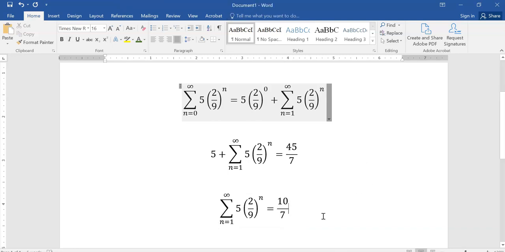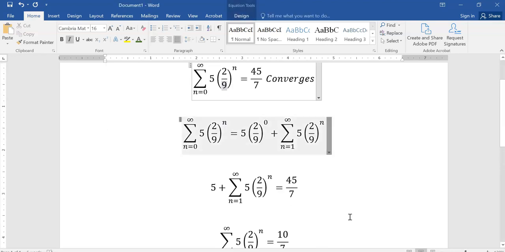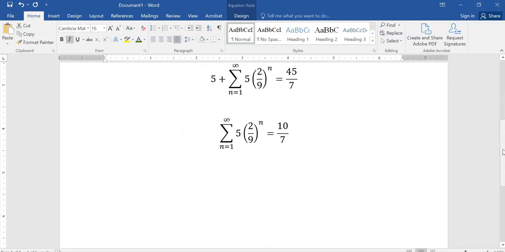Okay, that's the way I like to do it. Some people memorize other formulas when you start at 1. I just say, when you start at 1, you just think about the 0 term plus the sum starting at 1. We know what happens when you start at the 0 term. That's just that geometric series rule. So just subtract that first term from both sides, and we end up with the right number here.